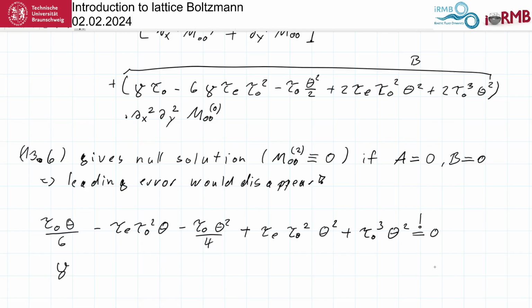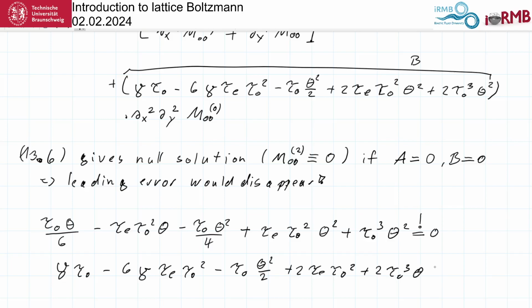And simultaneously, gamma tau odd minus 6 gamma tau even tau odd square minus tau odd theta square divided by 2 plus 2 tau even tau odd square plus 2 tau odd cube theta square is supposed to be equal to 0 at the same time.